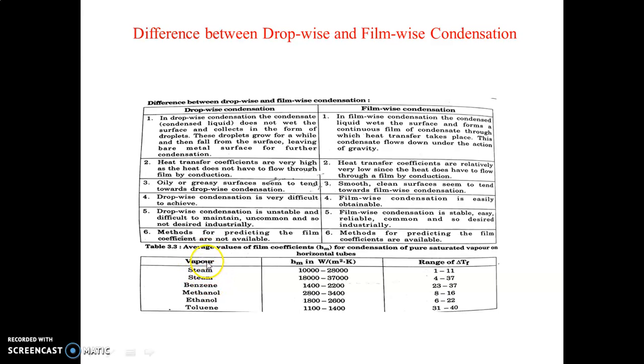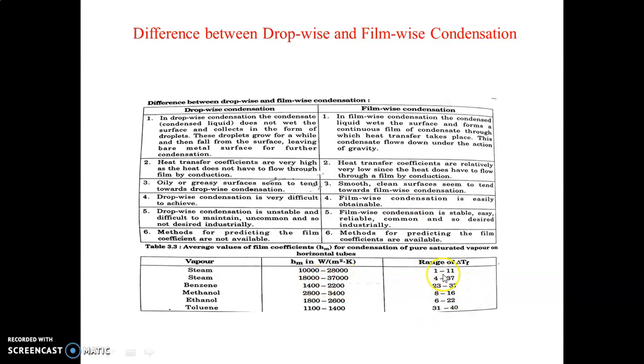So the first column shows the types of vapors: steam, benzene, methanol, ethanol, toluene. Then for that vapor, the second column indicates hm, that means the average value of heat transfer coefficient in watt per meter square Kelvin. So here 10,000 to 28,000, 18,000 to 37,000.